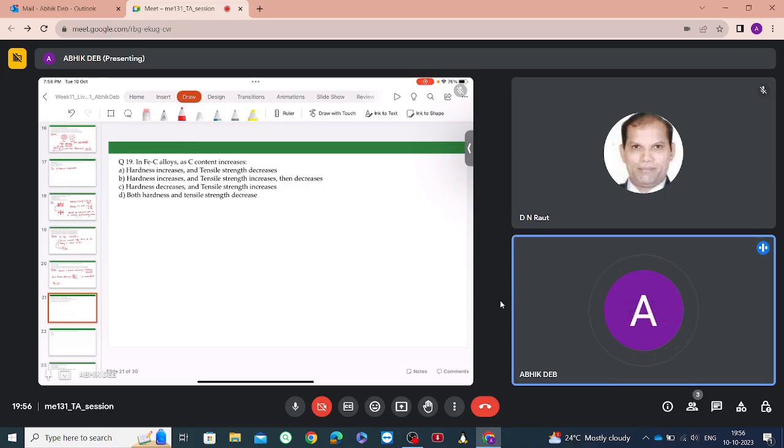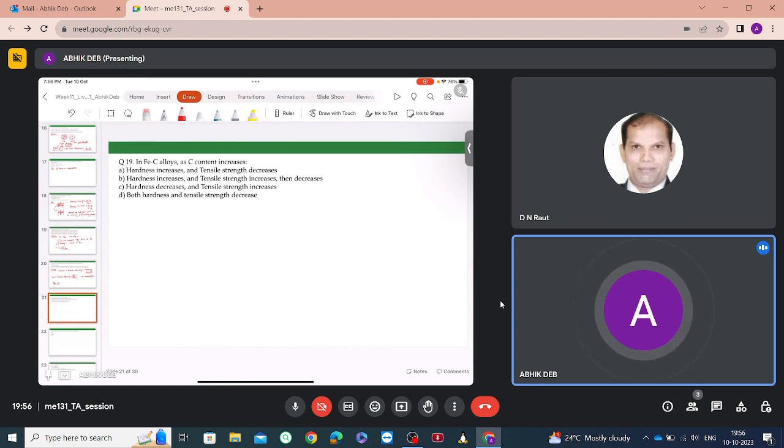In iron carbon alloys, as the carbon content increases, which of these happens? A. Hardness increases and the tensile strength decreases.